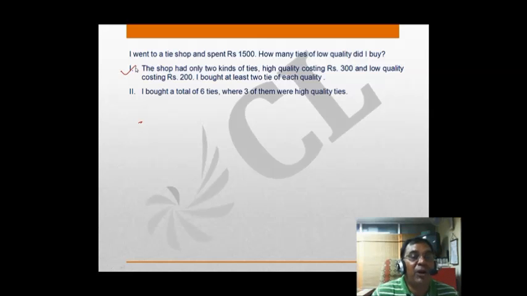I bought a total of 6 ties, where 3 of them were high quality ties. Here the cost is not given.